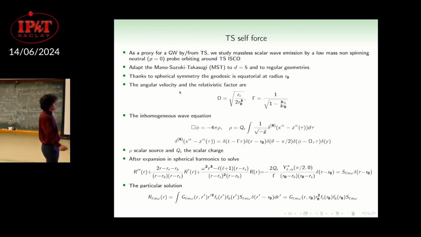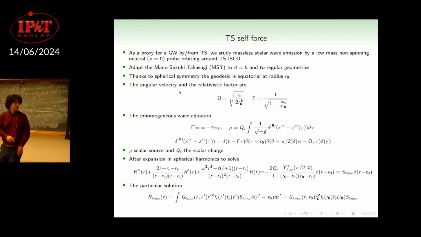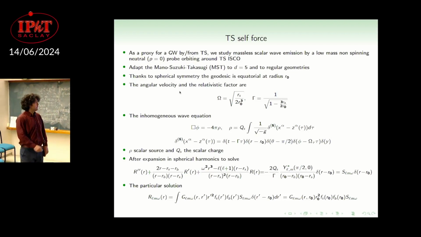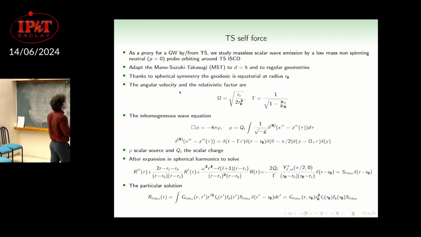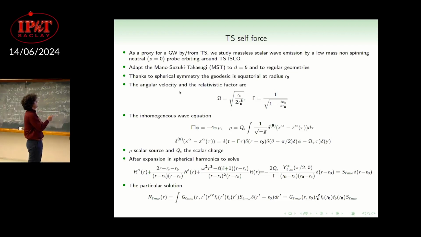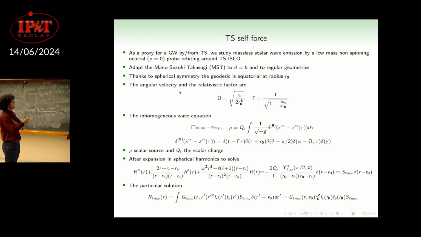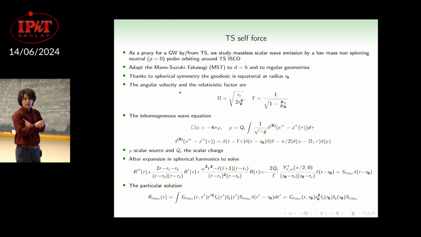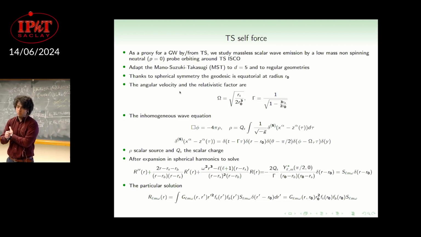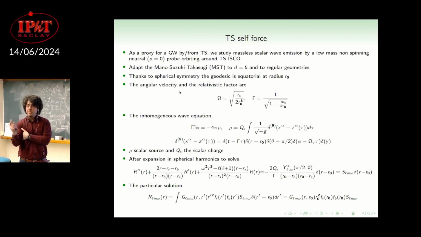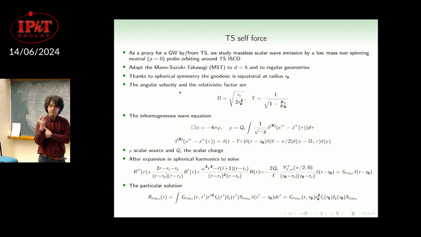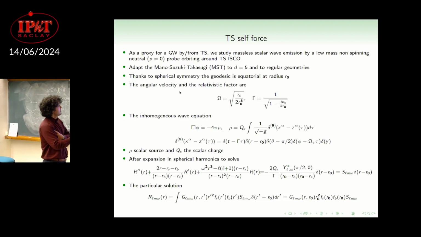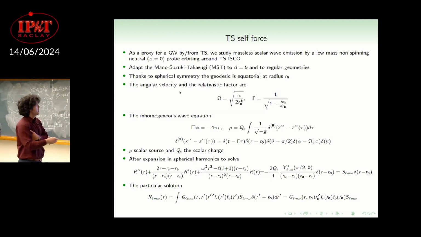Okay, very briefly, I would like to say this is a work in progress with Massimo Bianchi and Donato Bini. We are trying to study a proxy of gravitational waves from the topological star, studying the massless scalar wave emission by a neutral low mass, which is orbiting in a stable ISCO, a stable innermost stable circular orbit, around the topological star.